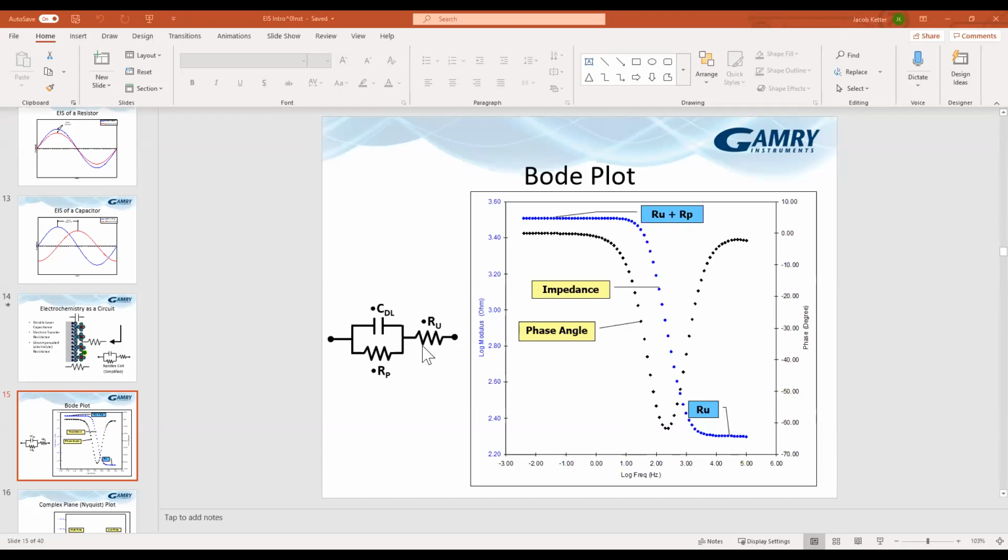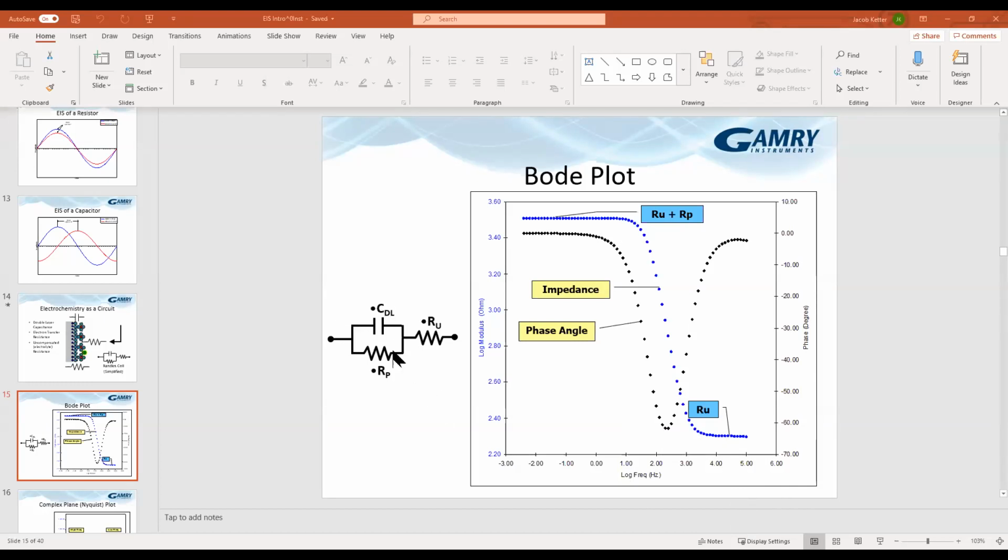If we didn't have this resistor and this resistor here, this would continue down to lower and lower impedances, and would be at 90 degrees deflected the whole time. When we got to these higher frequencies, we might be down at a micro-ohm or a nano-ohm or smaller.